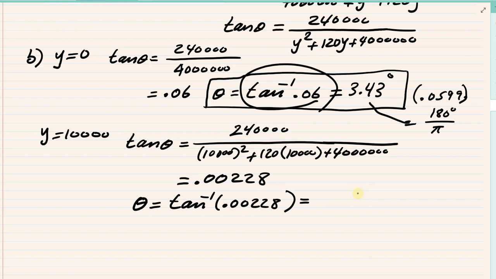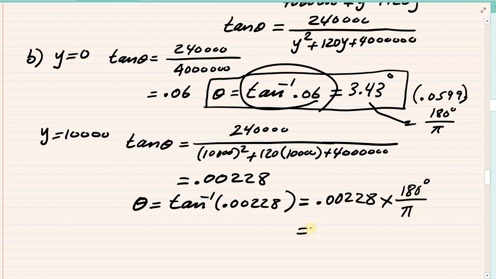So this number turns out to be 0.00228 in radians. This is almost the answer itself, and then I'm going to multiply by 180 divided by pi to convert it into degrees.